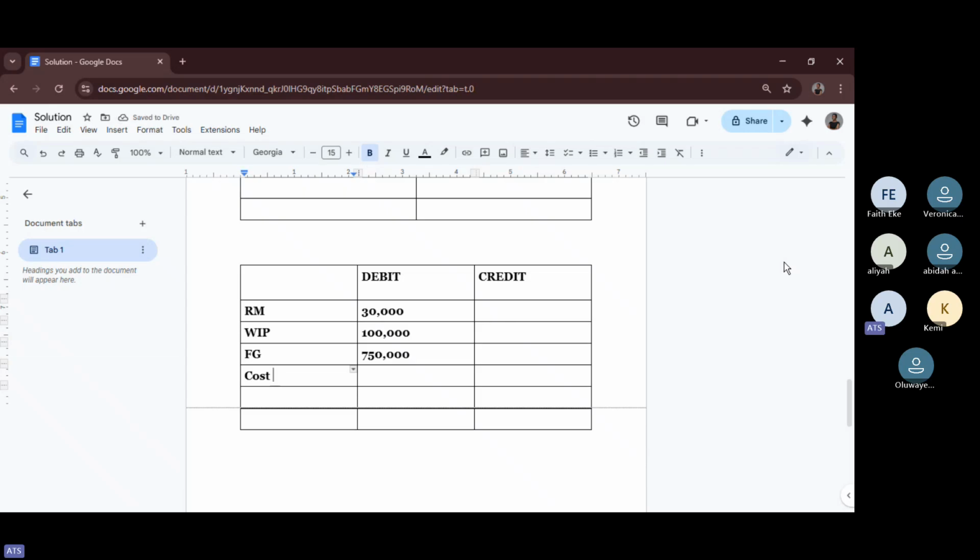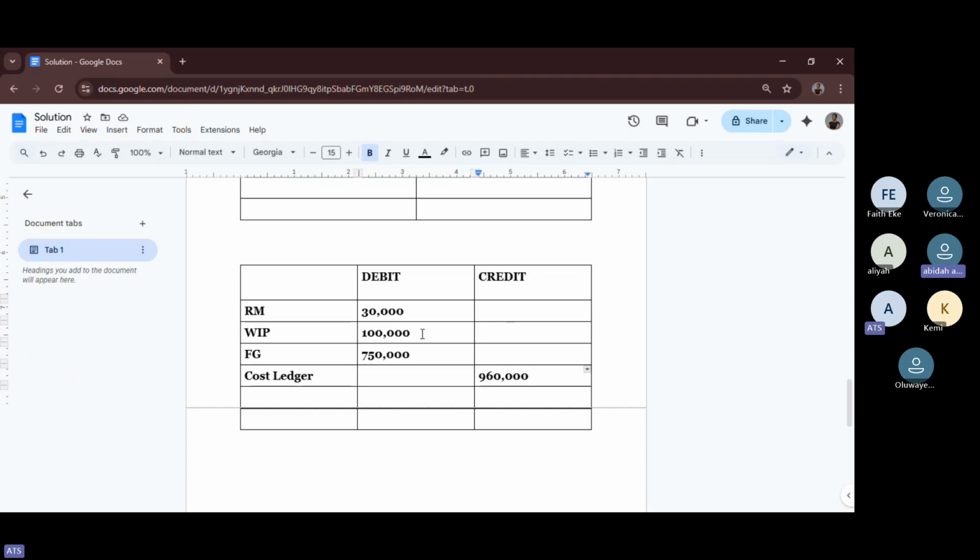Where is this 10,000 coming from? It's 20,000. How much is our closing? What's the addition of this? 780. 880. 850.